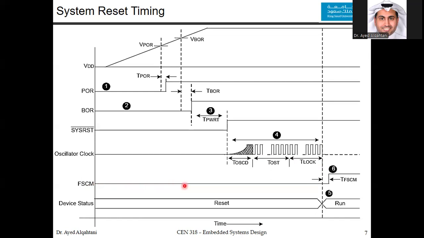There is a failure in the clock. Until you reach that point, you have to wait some time, for the FSCM, for the same thing here. There is a time to make sure that the fail-safe clock monitor is enabled and everything works fine. And right after that, you are actually in the normal running mode.